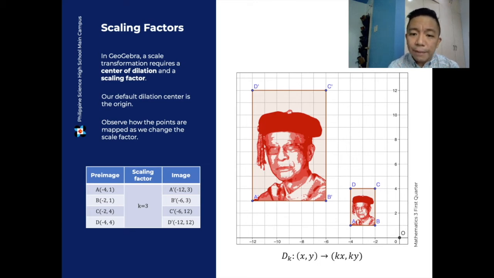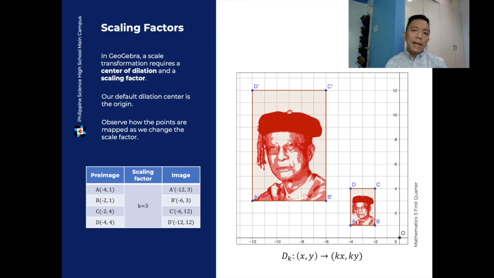From 2 by 3, magiging 6 by 9. Na-multiply ng 3 yung dimensions natin. And yung points natin, pag yung center of dilation is the origin, ganun din, na-multiply lang din ng 3. So, negative 4, 1, mamamap sa negative 12, 3. Si C, negative 2, 4, mamamap kay C prime, negative 6, 12.